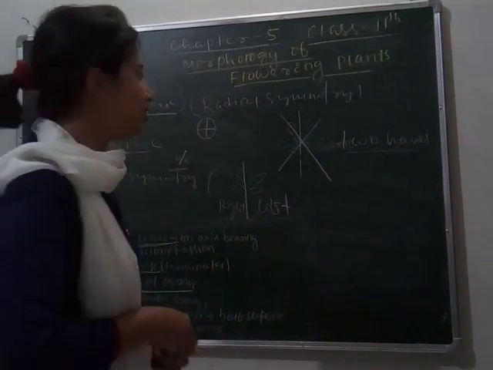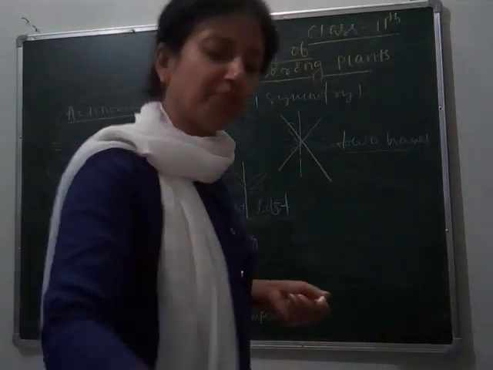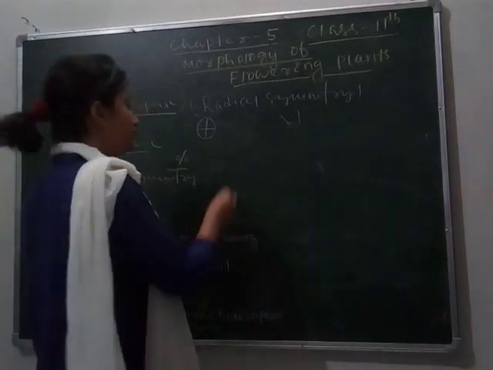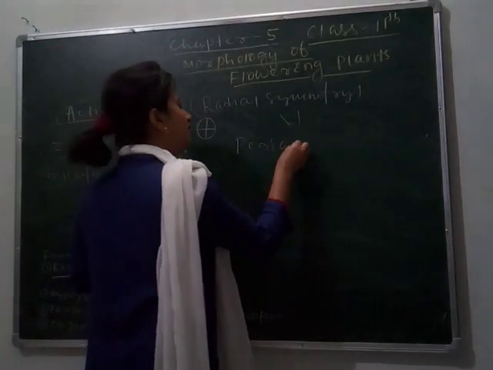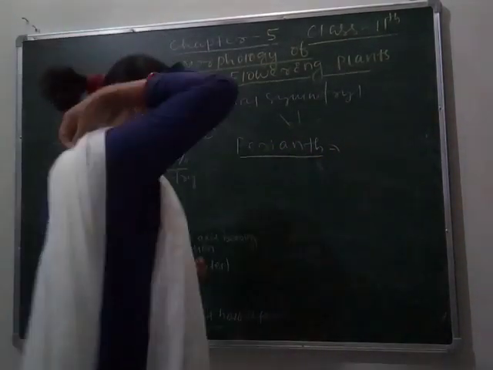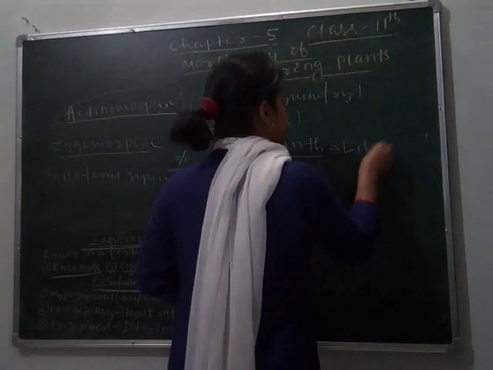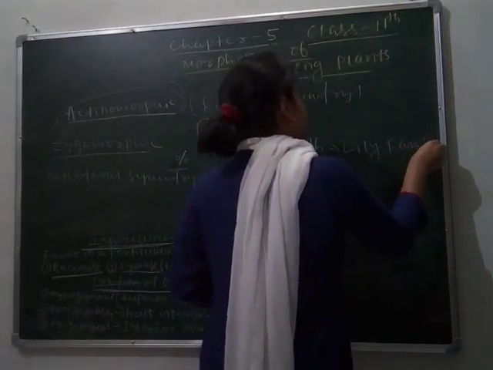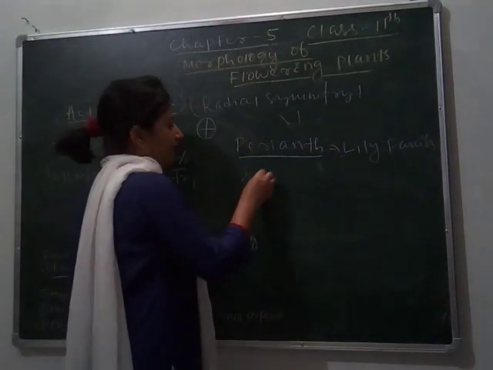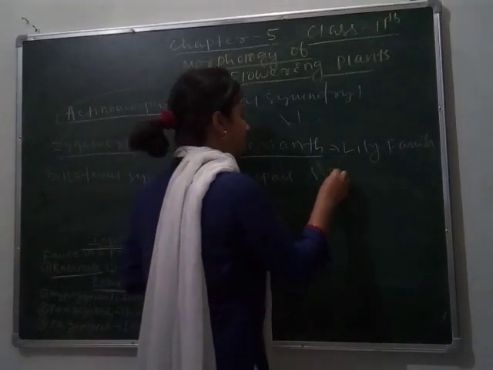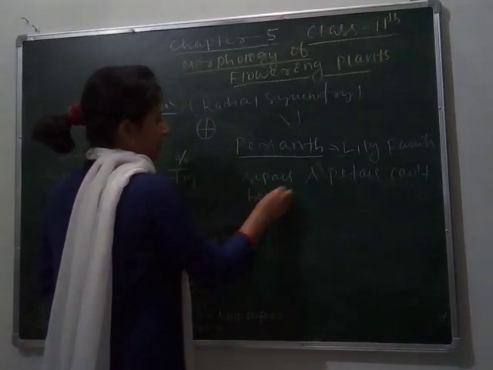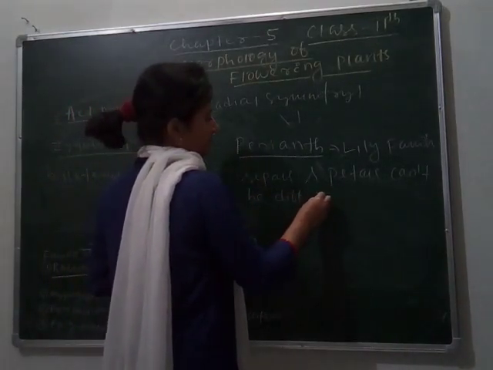The next term is perianth. Before we study reproduction in flowers, we need to know some terms. Perianth means, in the case of flowers of the lily family, like lotus and lily, both sepals and petals can't be differentiated from each other.